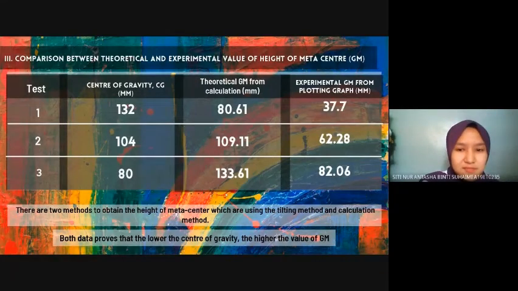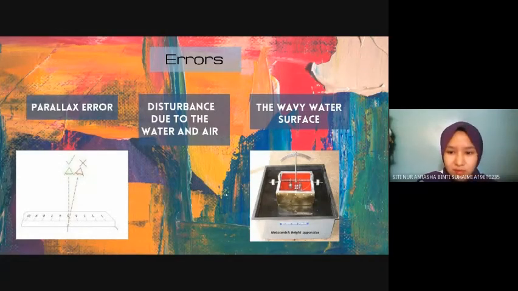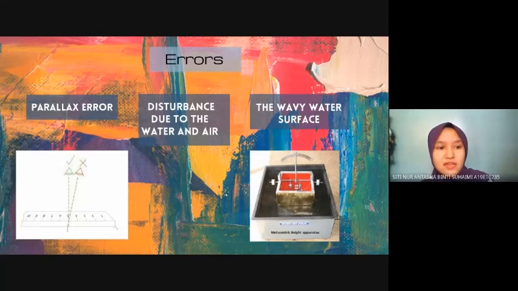Okay, next. So this is the errors. The errors might have occurred while obtaining the data because there are great differences between the experimental values and the theoretical values, just like the previous slide. One of the errors is, firstly, the parallax error, so we have to make sure that the eye is perpendicular to the scale of the steel ruler to avoid inaccurate reading.